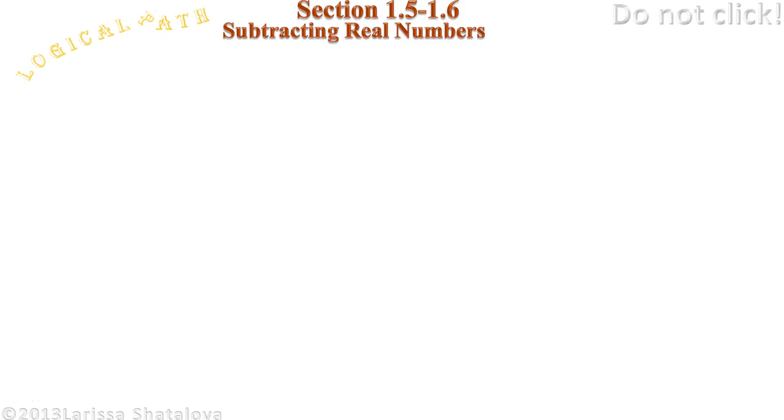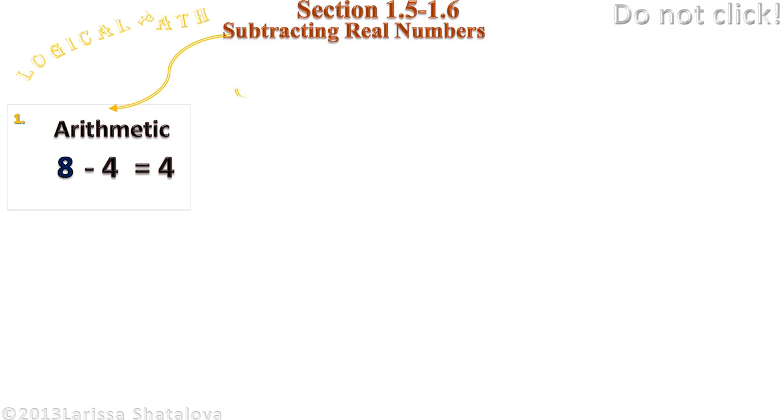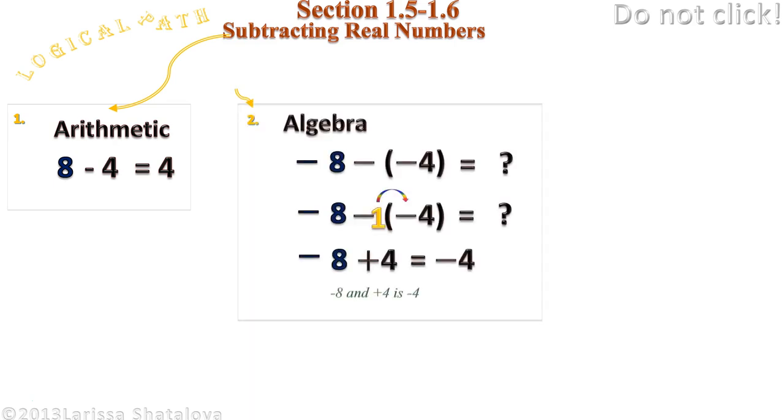Logical path for subtracting real numbers. This is the most challenging logical path because the word subtracting is coming from arithmetic, but in algebra a similar example will look different because we have to use what we already know about multiplication, and then we will simplify into an expression where we can combine real numbers.